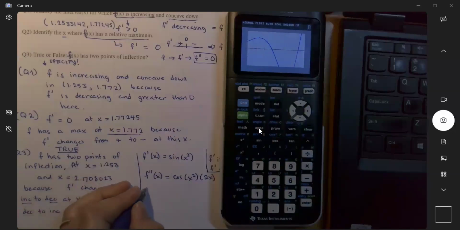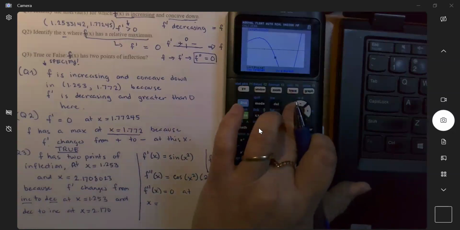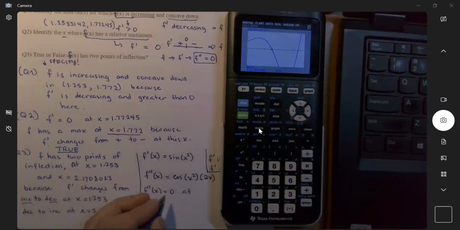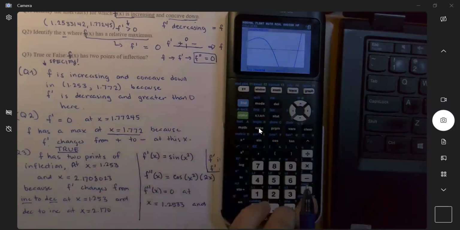So solve it. f double prime of x is equal to 0 at x equals, second trace, 0. And I bet it will be the same one as our maximum in f prime. And that is 1.2533. And the minimum, or this 0 right here, second trace, 0.